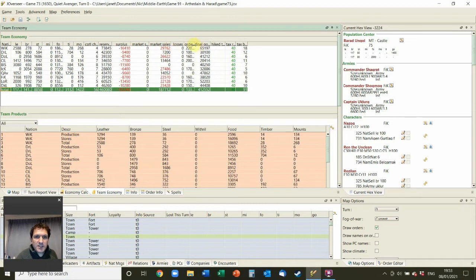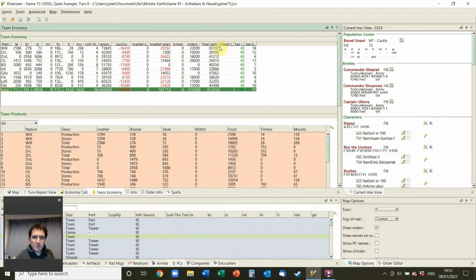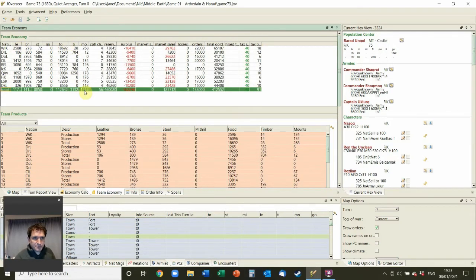But fear not, because they're able to sell some produce to make some up, and no doubt they'll have troops dying in combat soon, so that's not a problem. Also, everyone starts off with a tax rate of 40, so if they bump that up to 60, that'll also get extra money in. There's also information here on the amount of products you've got, and that's useful just to have a look overall at this team.